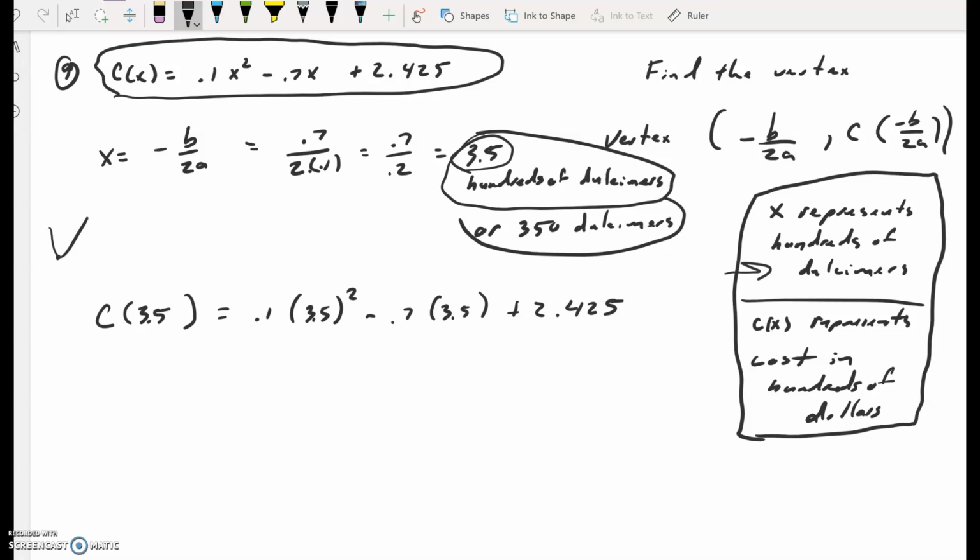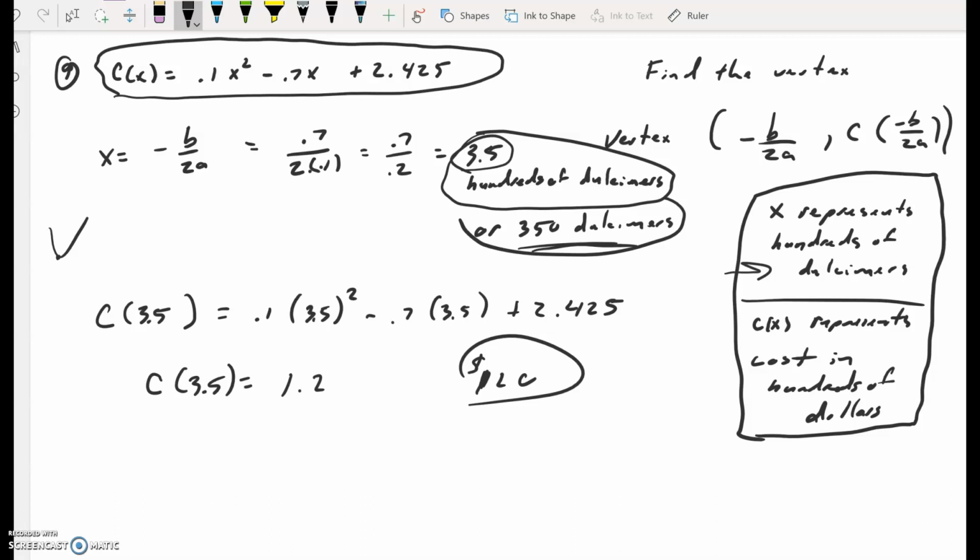So I find that the value of the function when I put in x equals 3.5, which represents 350 dulcimers, is 1.2, which represents $120. And so the answer to the question is that the 350 dulcimers cost $120, and that achieves the minimum average cost.